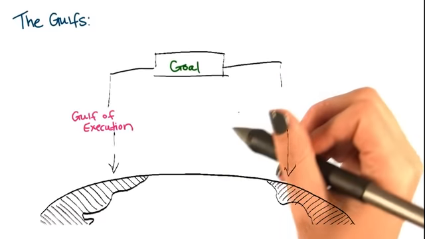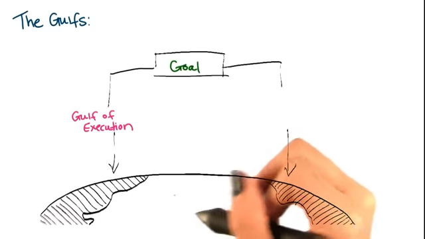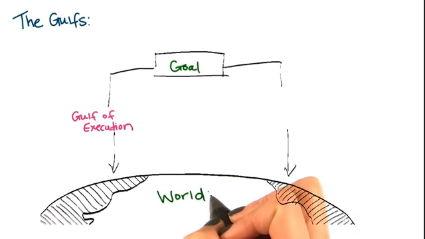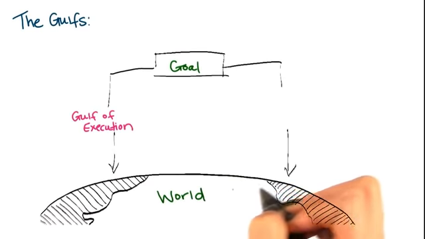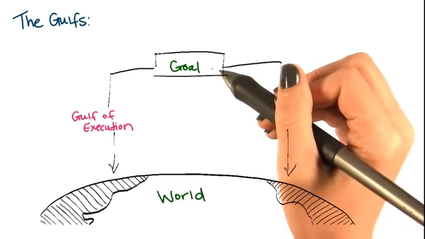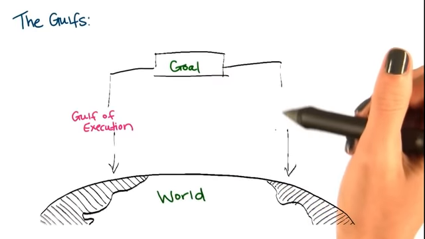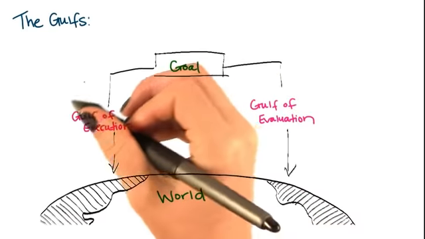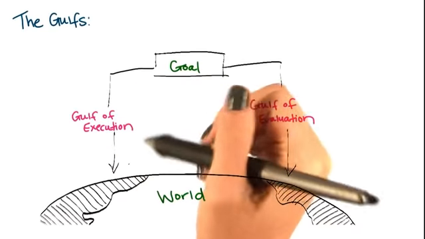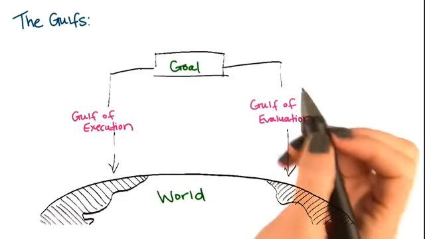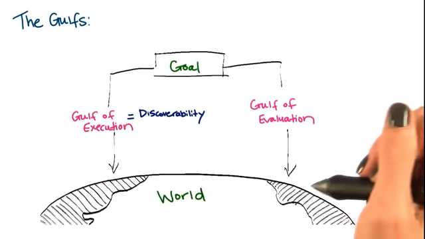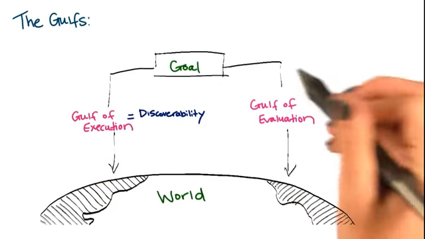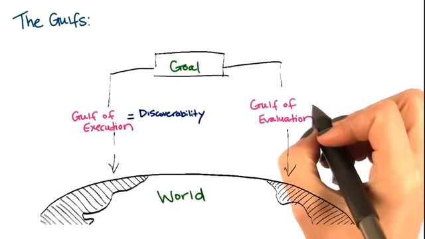There's also the gulf between assessing the state of the world and trying to determine if that state matches the initial goal. And this is called the gulf of evaluation. Figuring out what actions are possible during the gulf of execution is all about discoverability. And knowing what just happened during the gulf of evaluation is about feedback.